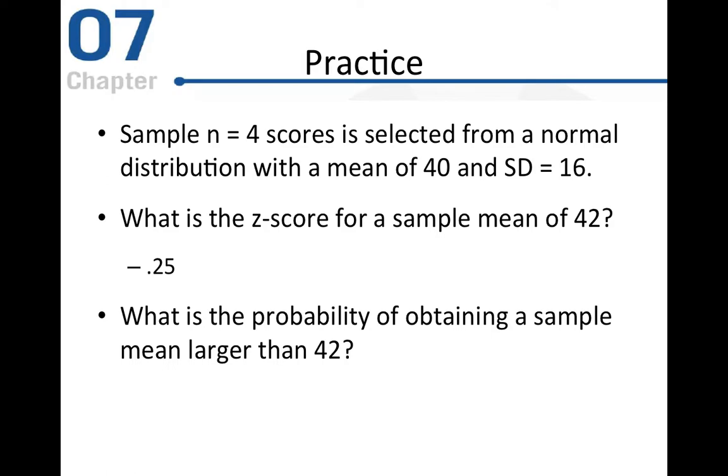Well, you have the z-score for 42, and so you could essentially draw it out, right? Put your little line there, shade that part, and you would go to your z-table, look for a z-score of 0.25, and then look for the column that gives information about the tail, because we are interested in the probability of obtaining a sample mean larger than 42.